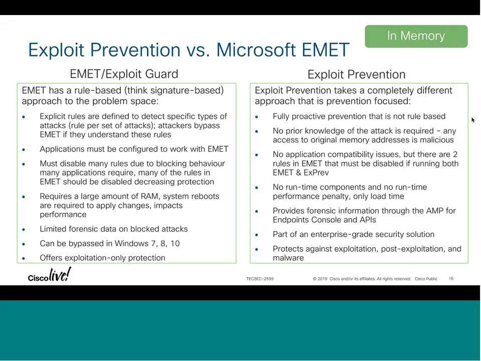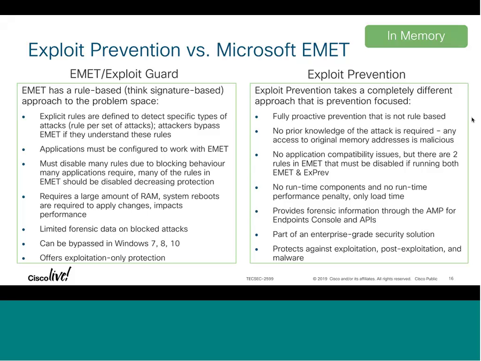And that's one of the fundamental differences of how EMET works versus exploit prevention works. Exploit prevention doesn't have any signatures. It doesn't have any rules. It's fully proactive. So there is no easy way to reverse engineer how it works or how the memory allocation works when a new application starts, because it's always random. It's always randomized. There is no way to decode this randomization or to figure out how it was randomized.